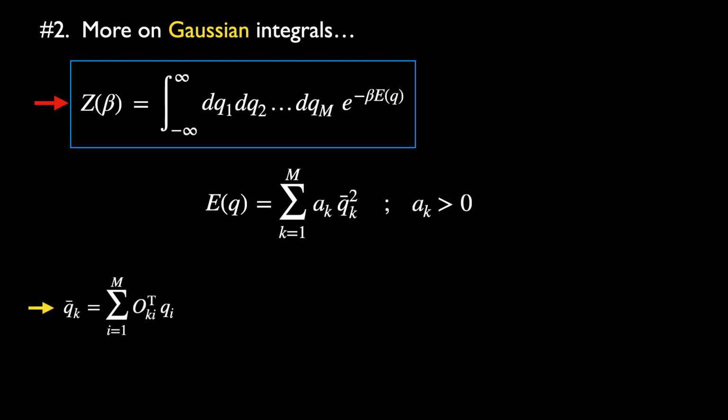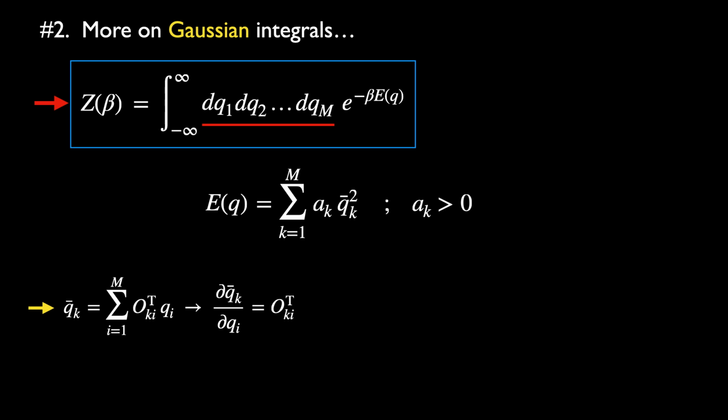Now we need to work out the integration element in terms of these new variables. That is, we need to calculate the Jacobian of the transformation. This result turns out to be trivial. The Jacobian matrix is the partial derivative of the new variables with respect to the O, and this is just equal to the matrix O transpose.